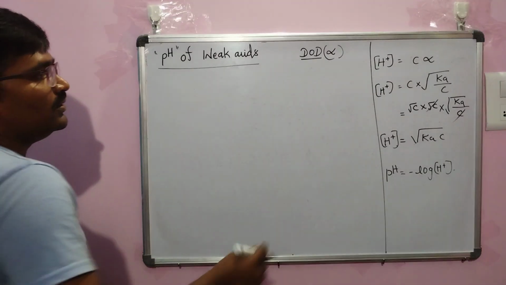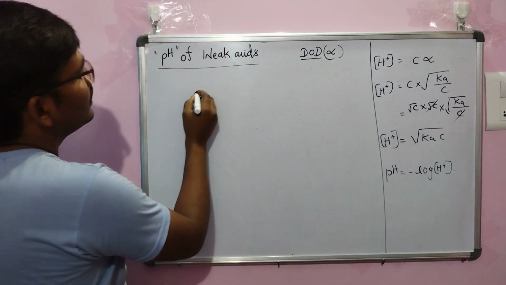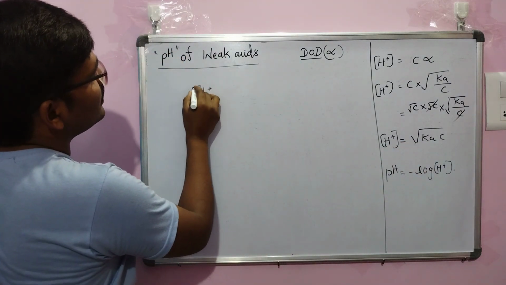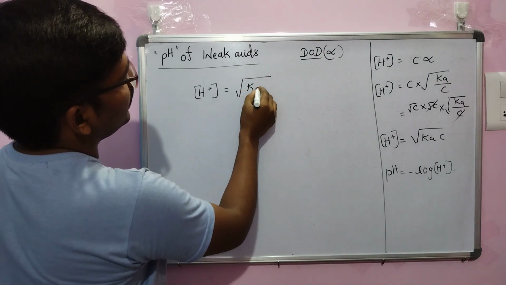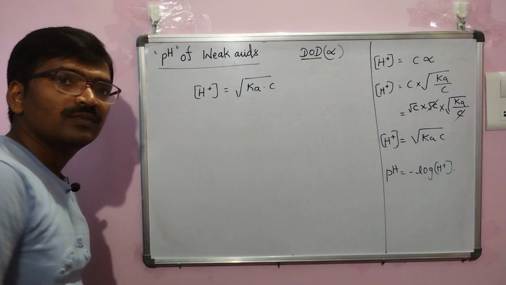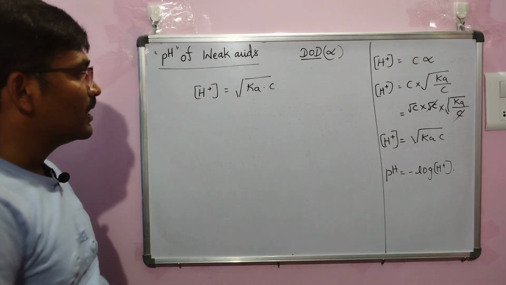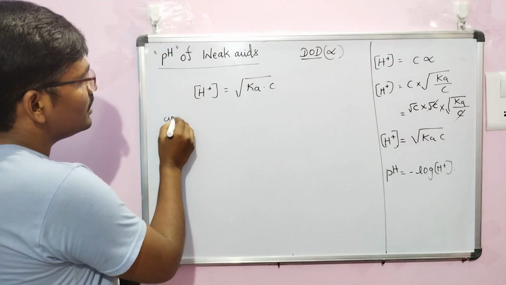For example, here H plus ion concentration equals square root of Ka into C. Apply the negative logarithm on both sides.